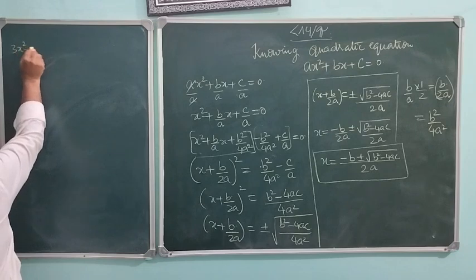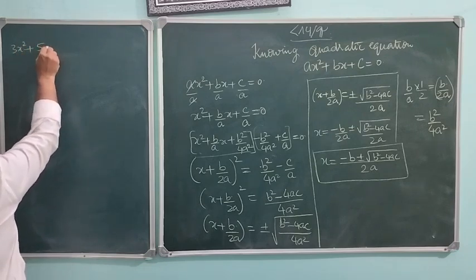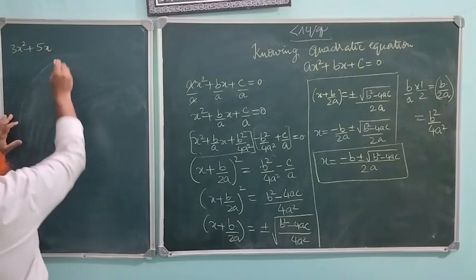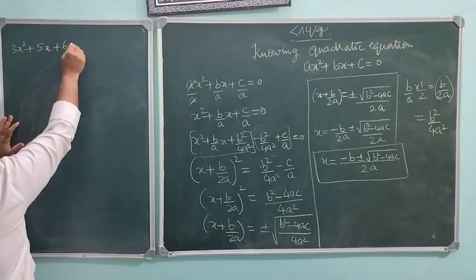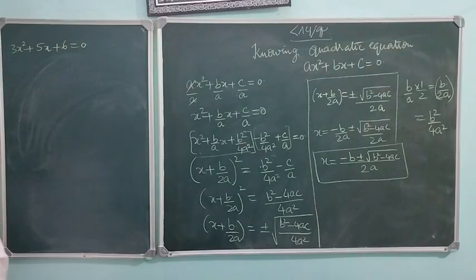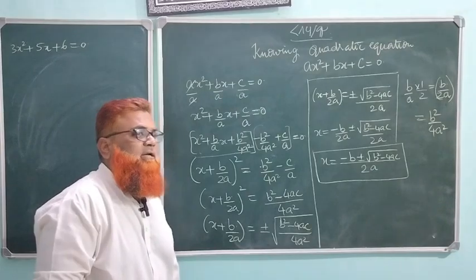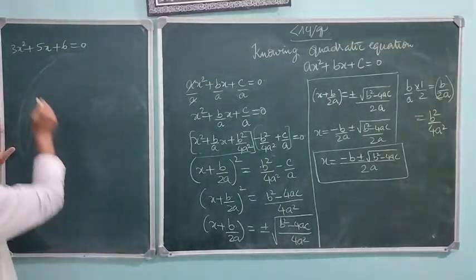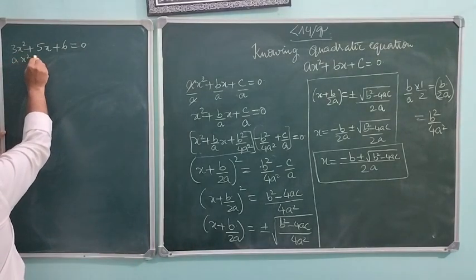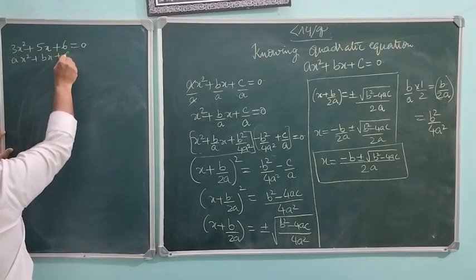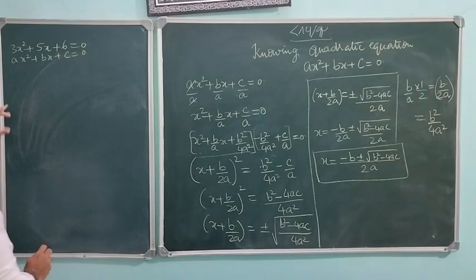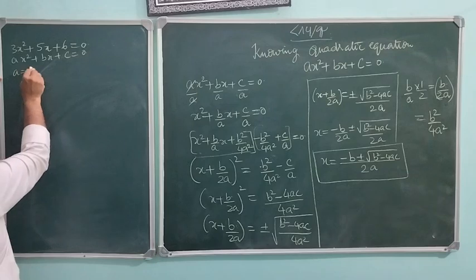3x square plus 5x plus 6 is equal to 0. It's a quadratic equation. Its general form can be written as ax square plus bx plus c is equal to 0. Compare: what is a? A is equal to 3.